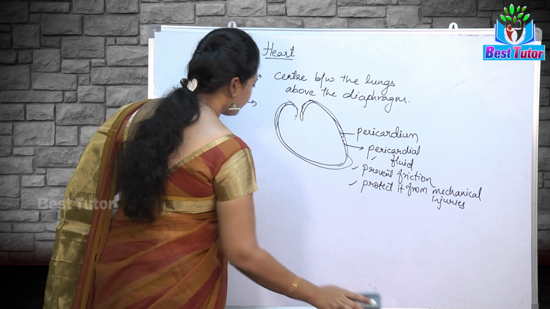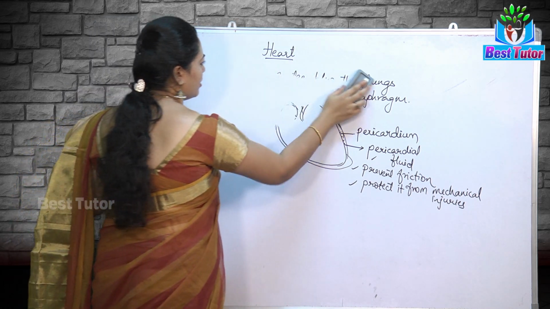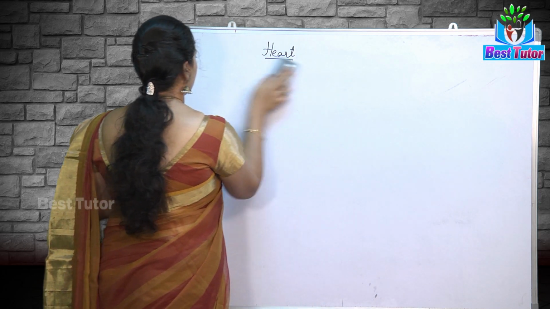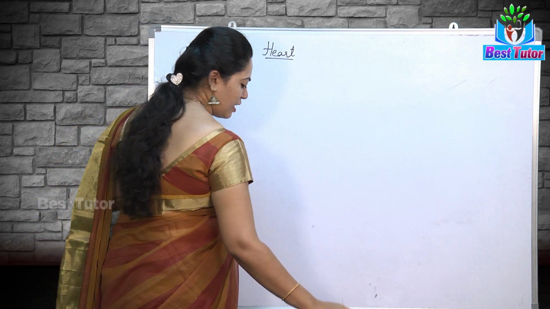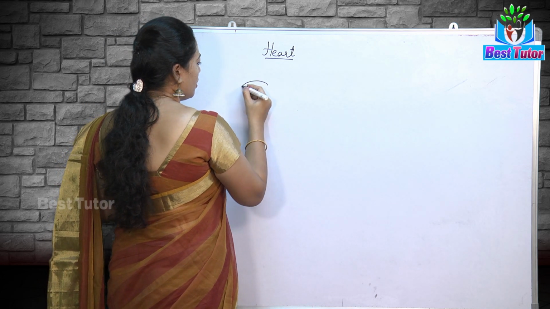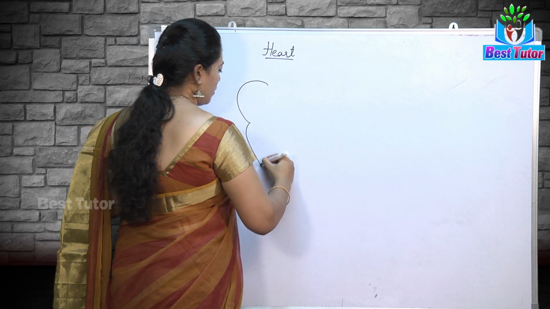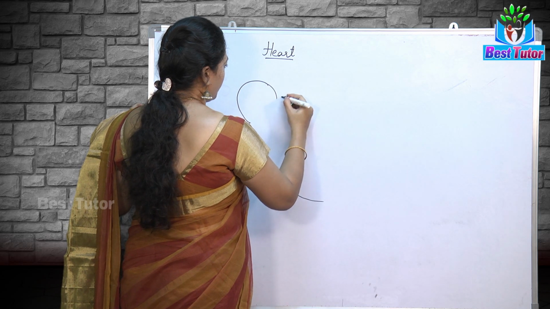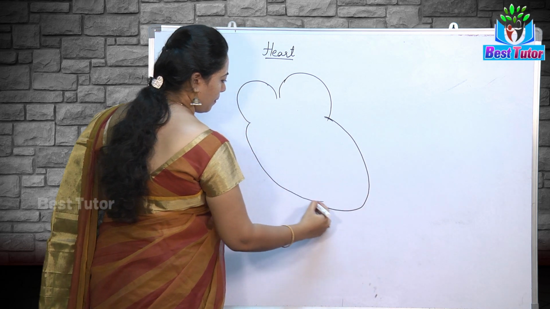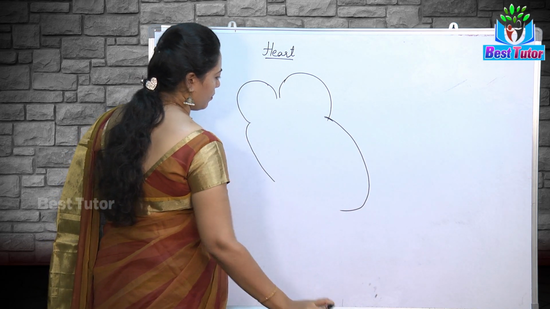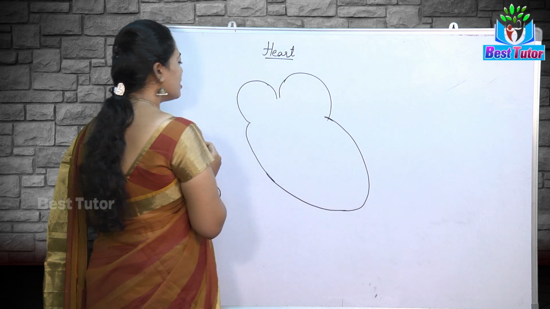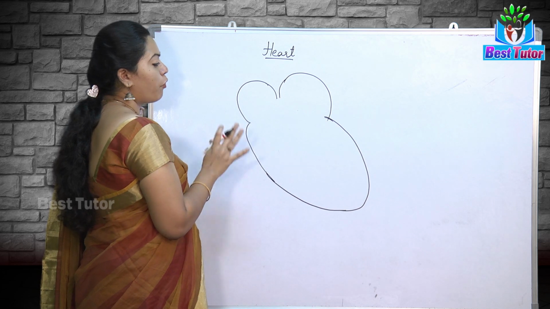Now let us see how the heart looks. As I said, it is conical or triangular in shape. Right, so the heart is basically classified into 4 chambers.